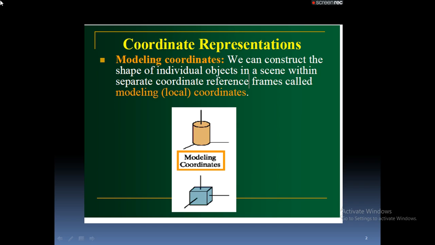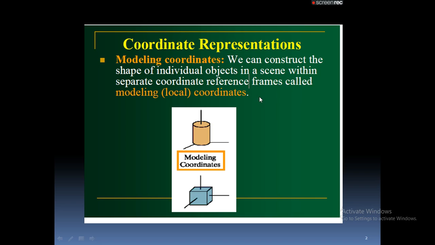As I said in the previous class, when an image contains multiple objects, then we need modeling coordinates. When an image contains only one object, then we need only one Cartesian reference frame. Using only one Cartesian reference frame is called world coordinates. The meaning of modeling coordinates is that we construct the shape of each individual object in a scene, meaning in an image, within a separate coordinate reference frame.